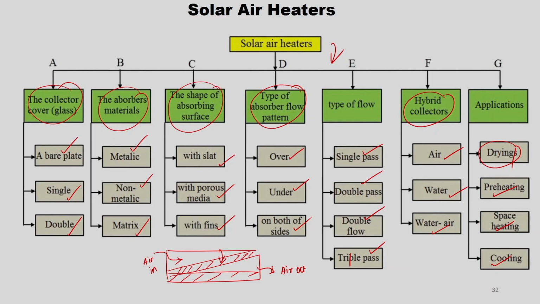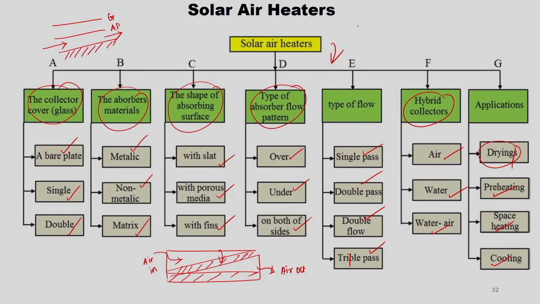Before moving on to ETC, we will also see certain basic configurations. What we have seen is the glass cover, the absorber plate, AP is the absorber plate, and then this is the bottom plate. So, here the air passage happens, right.